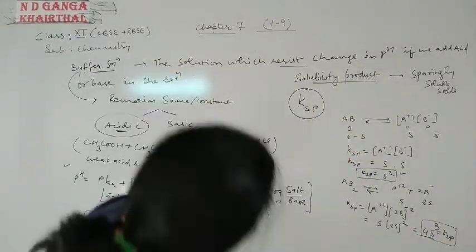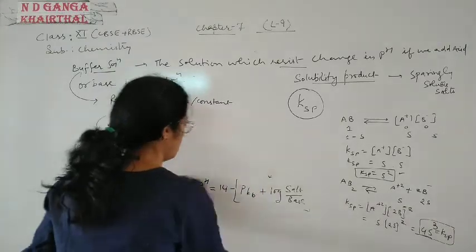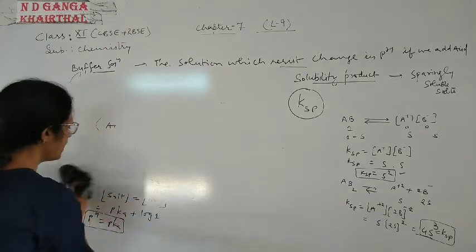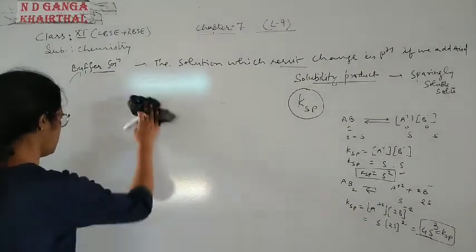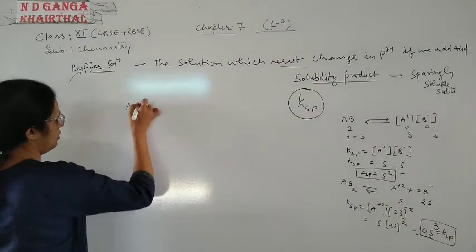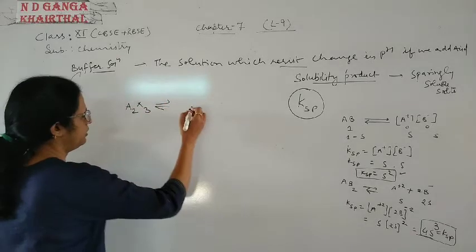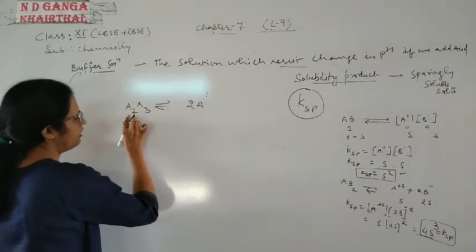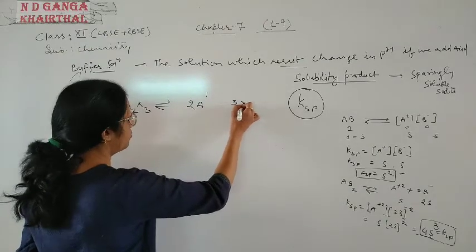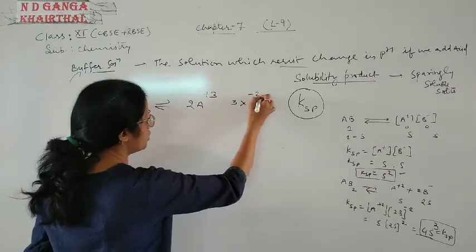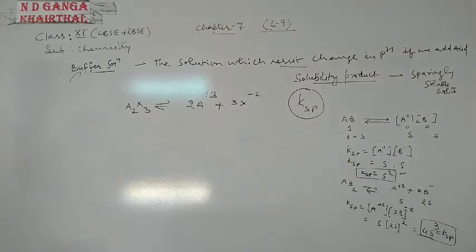And if we have a salt like A2X3, it will dissociate and give 2A and 3X. 2A will have a +3 charge and X will have a -2 charge. Okay, it will be like that.